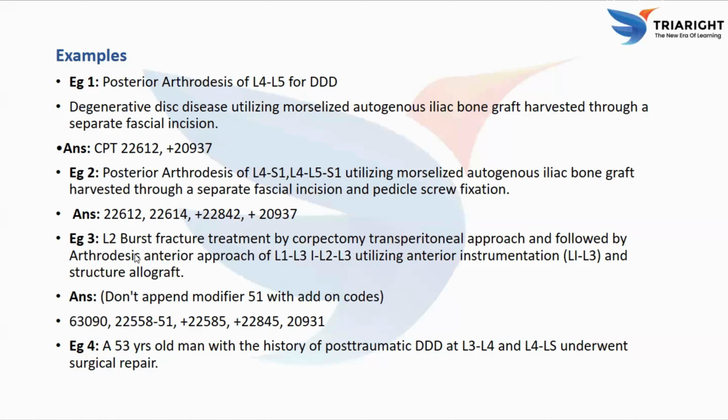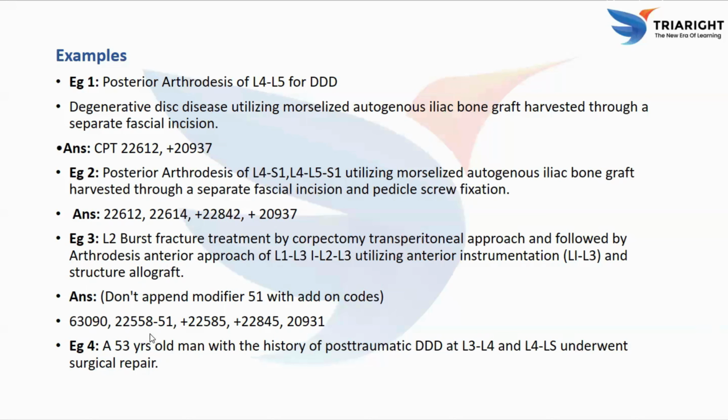And the third example is an L2 burst fracture. So a corpectomy via transperitoneal approach is done. It is followed by the anterior arthrodesis of L1 to L3 and anterior instrumentation along with the structural allograft. So do not append modifier 51 to the add-on codes. The codes are lumbar corpectomy 63090 and 22558-51 for anterior lumbar interbody fusion.